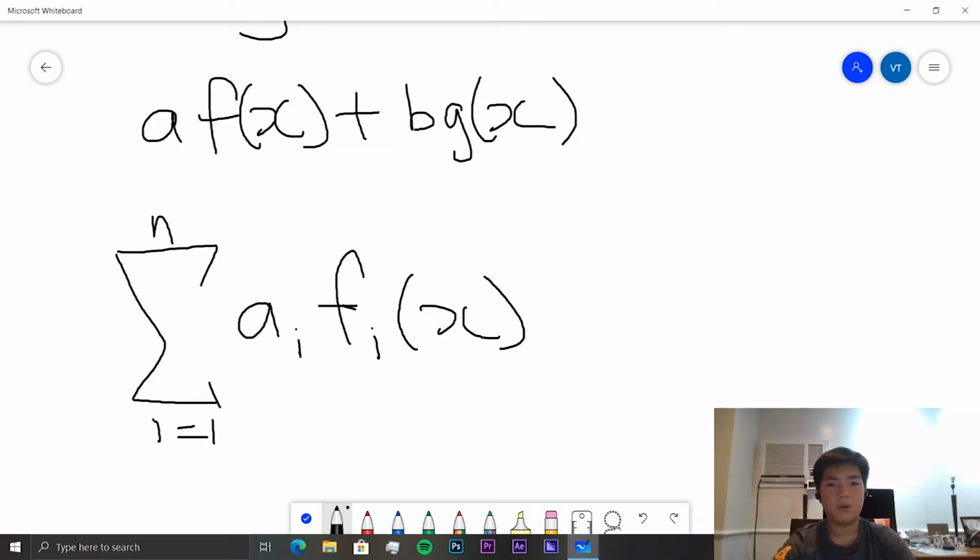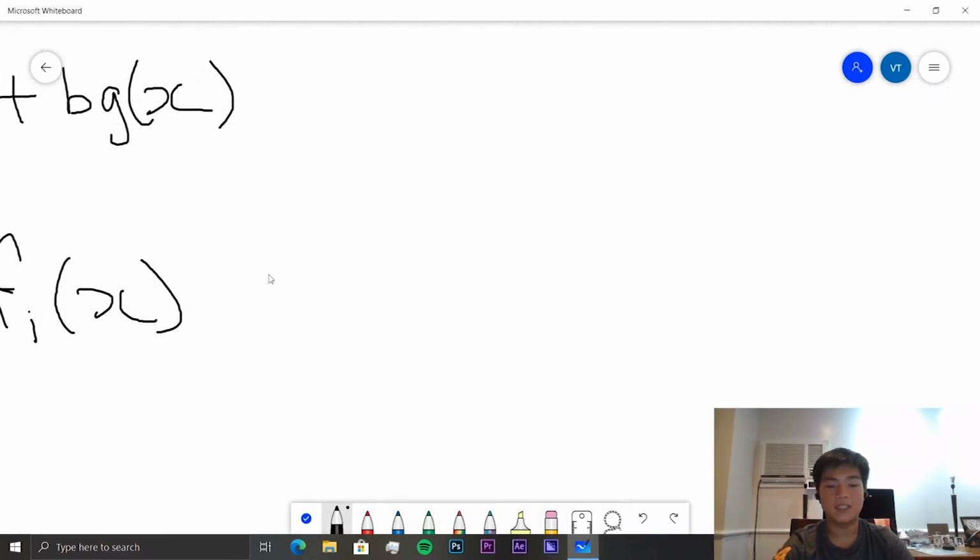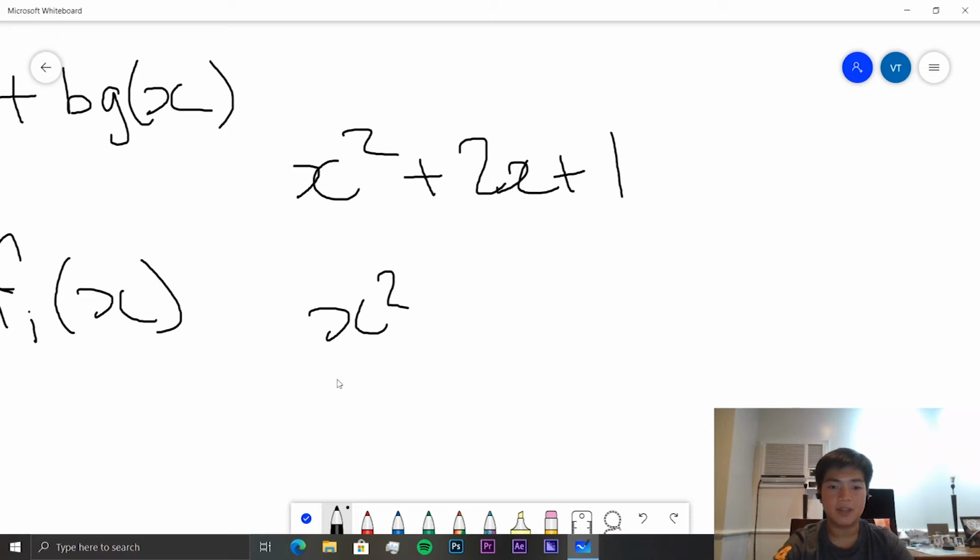So all polynomials are linear combinations of the power functions. For example, x squared plus 2x plus 1 is a linear combination of the functions x squared, x, and 1.